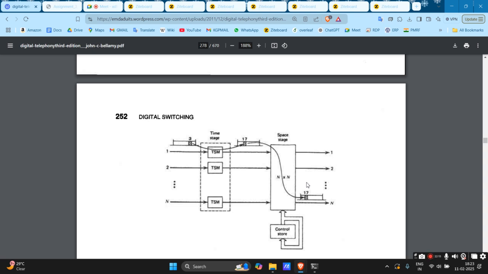If this was purely space switching, you could have served only n square, n into n, connections. Here you can have n into k active users, because each cross point switch input side will have k time slots for time division multiplexing.